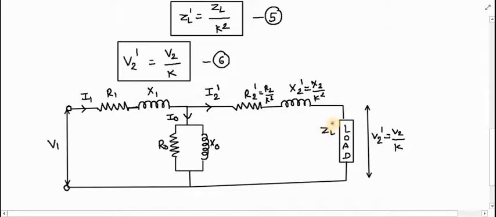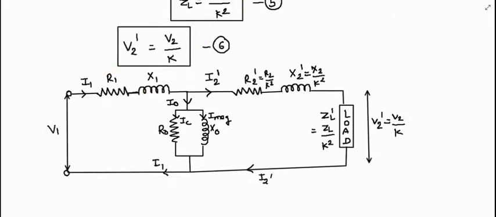When it gets transferred to the primary side, it will become ZL upon K square. Current flowing through R0 is IC. Current flowing through X0 is I magnetizing. This current is I2 dash, and the phasor addition of I2 dash and I0 is I1.